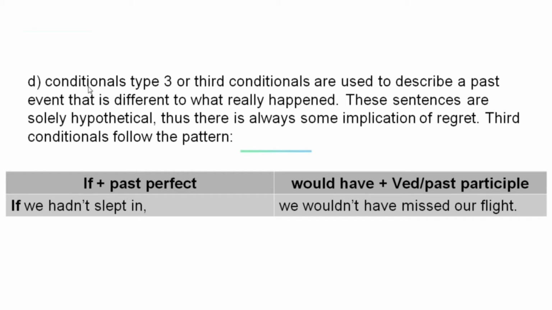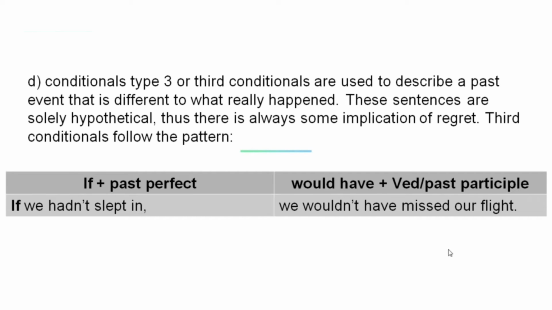D. Conditionals type 3 or third conditionals. These conditionals are used to describe a past event that is different to what really happened. These sentences are solely hypothetical. Thus, there is always some implication of regret. Note the third conditionals follow the pattern if plus past perfect and would have plus verb ed or the past participle.